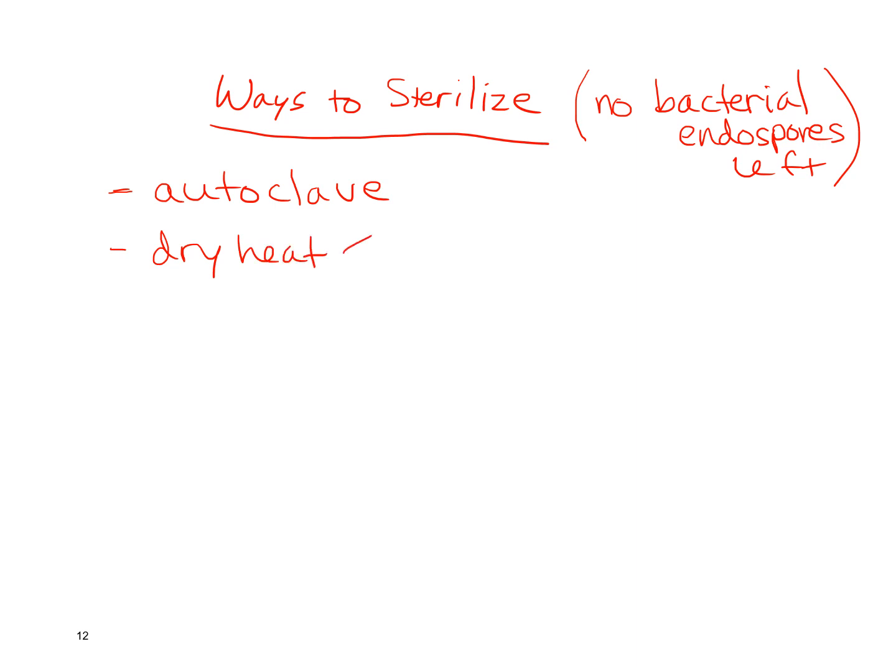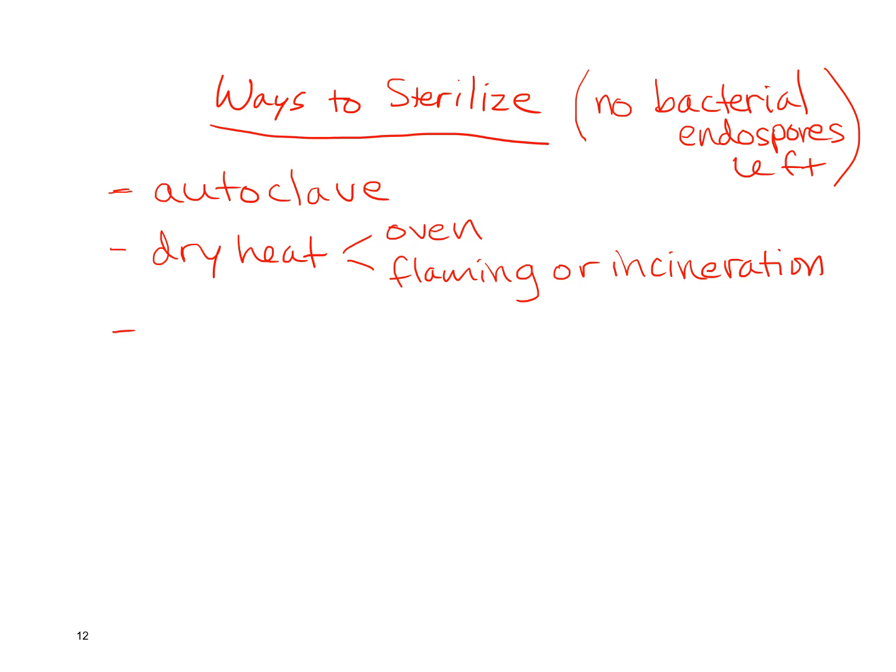And remember that's using that oven, and that's manufacturers would use that. And then flaming, like in the microbiology lab, putting the inoculating loop through the Bunsen burner, also called incineration. So those would be dry heat.